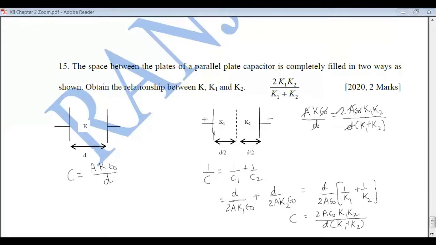So what do we get as the relation between K, K1 and K2? K is equal to 2K1 K2 upon K1 plus K2. That is the relation between K, K1 and K2.